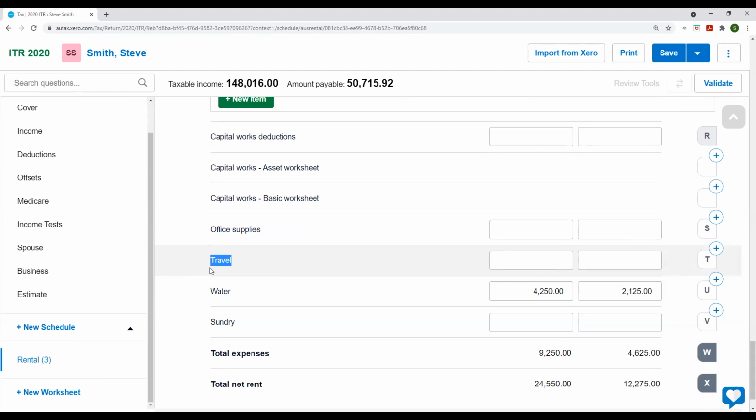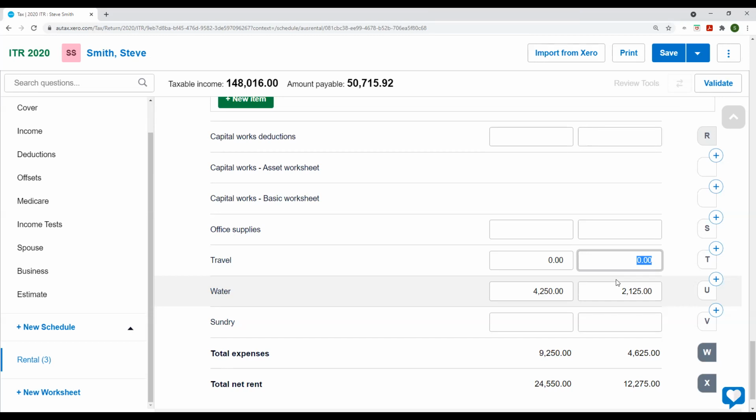It means we cannot deduct it. That stopped from 2018. So we cannot deduct travel expenses between home to work or home to investment property from 2018. So please do not include any travel expenses between home and the investment property. Don't include. Water, I explained.